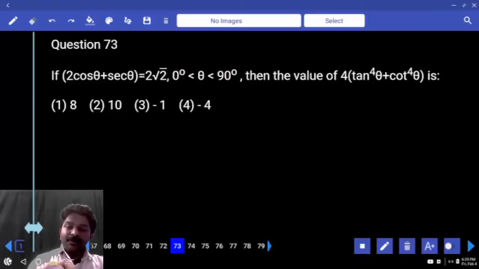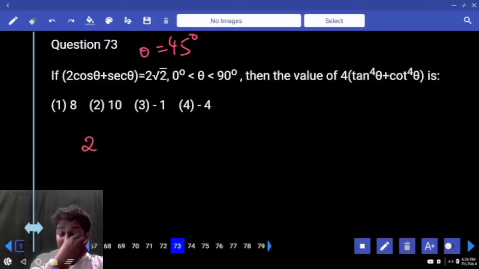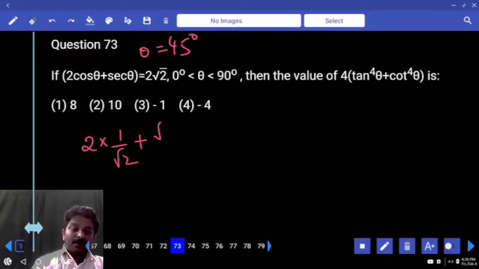Here also, to satisfy the equation, you can consider theta value 45. Let's see. If it is 45, 2 times of cos theta, cos 45, 1 by root 2, plus secant 45, root 2.